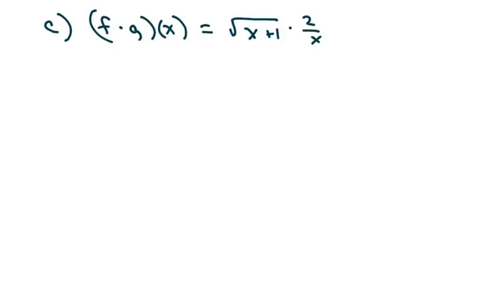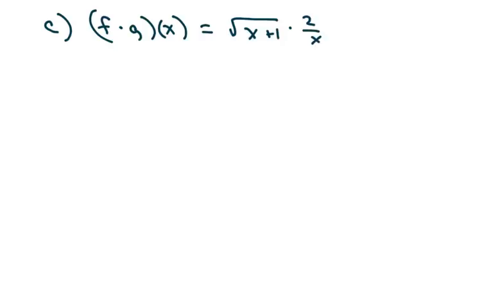For c, we have f times g of x, and that's going to give us the square root of x plus 1 times 2 over x.